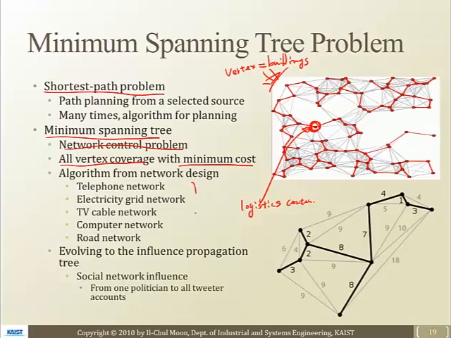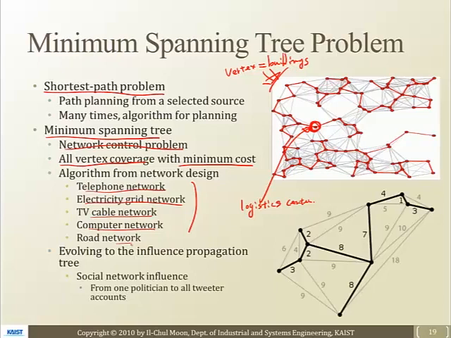This is often used in telephone network design, electricity grid network design, TV cable network design, computer network design, and road network design. So it's being used in many places. Another example is the social network influence problem.